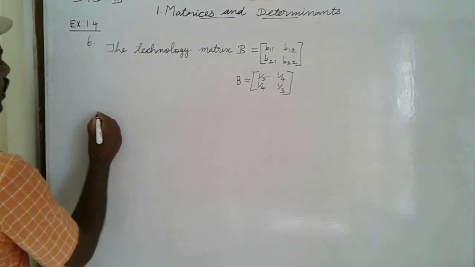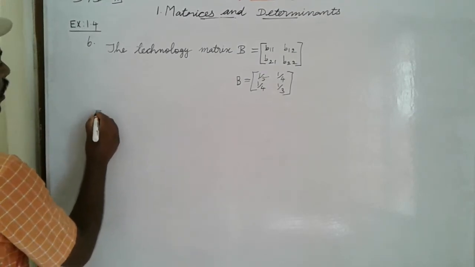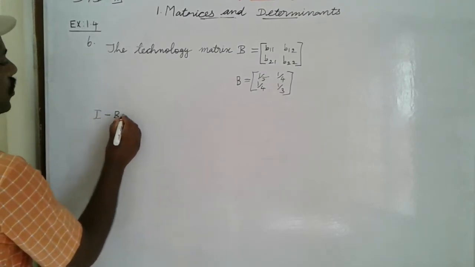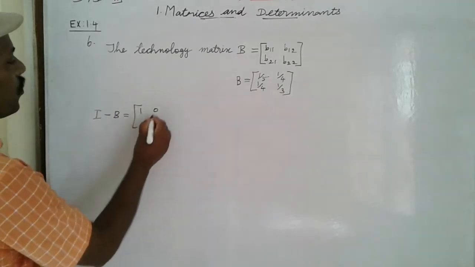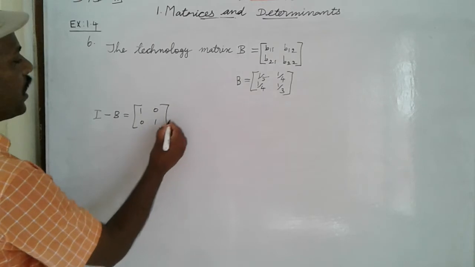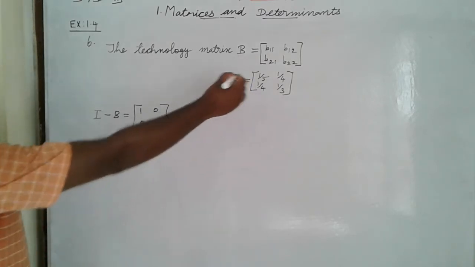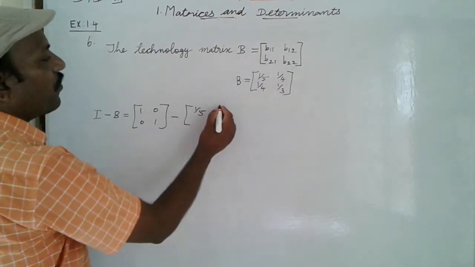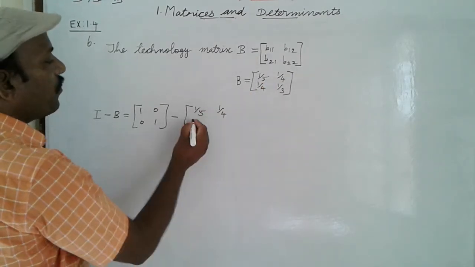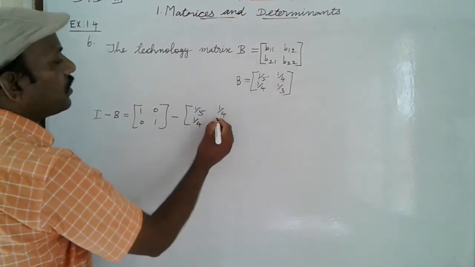Now we should find out I minus B. I matrix is a unit matrix 1 0 0 1 minus B matrix, the technology matrix, 1 by 5, 1 by 4, 1 by 4, 1 by 3.